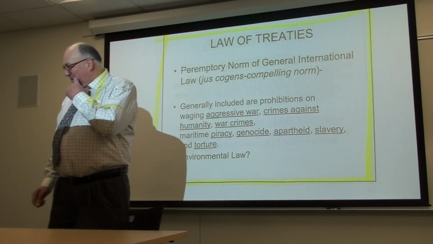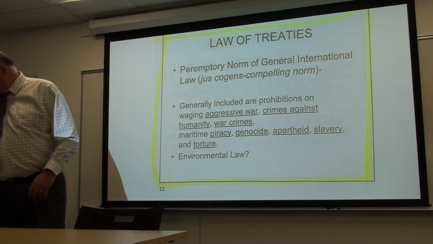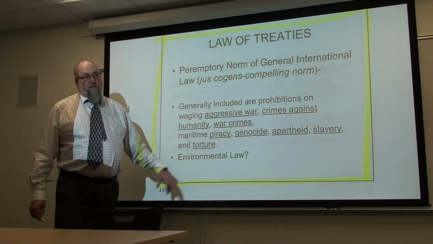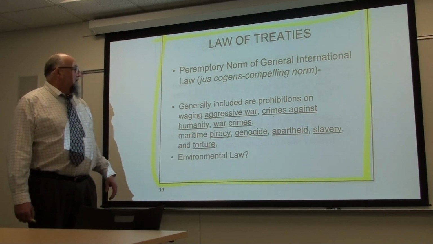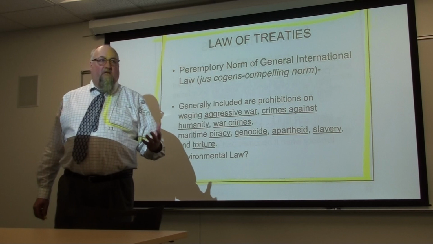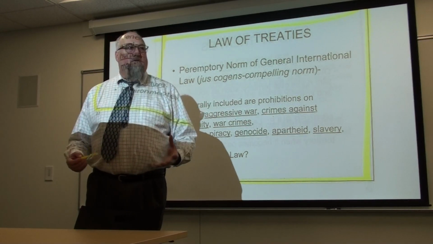And these are things like slavery, genocide, apartheid, piracy, use of torture, use of aggressive war, in some cases use of chemical weapons. Well, in most cases there's not really any derogation from that either.